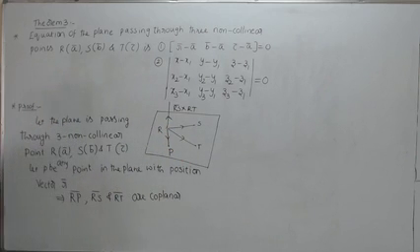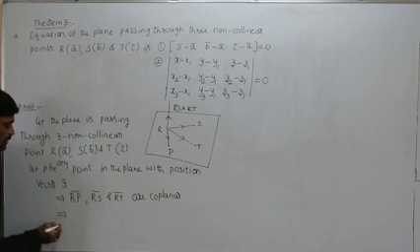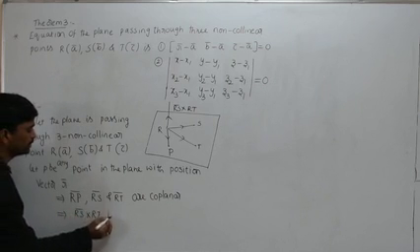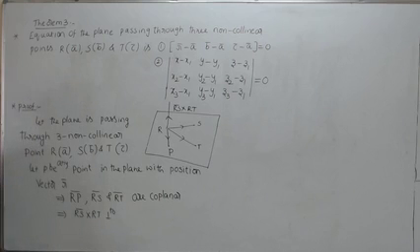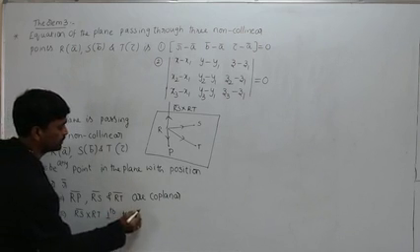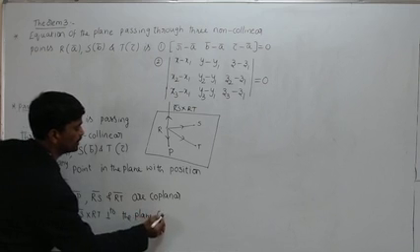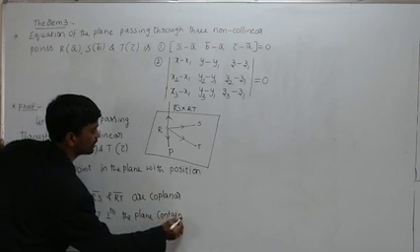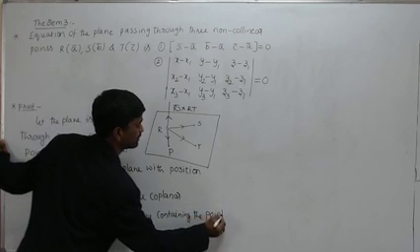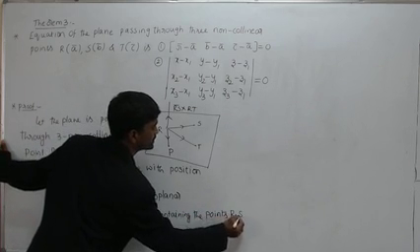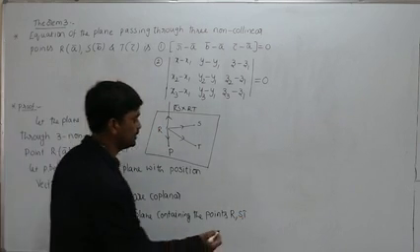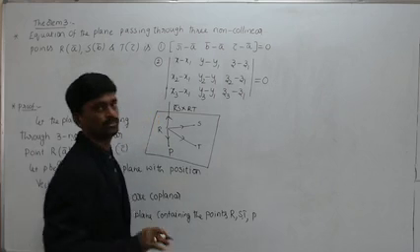So this implies RS bar cross RT bar is perpendicular to the plane containing the points R, S, T and P. Of course, P is a point on the plane.